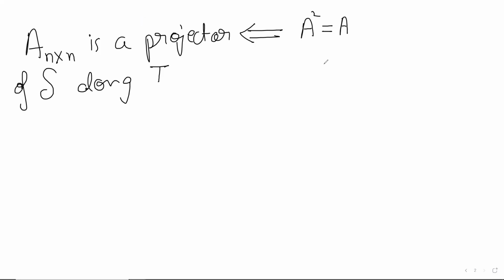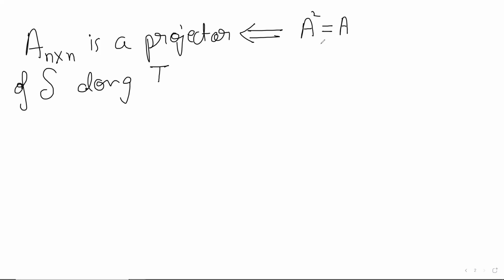I will say maybe the way I understand it. If you are given that A square equals A, and you want to understand S and T, you want to understand what is the collection of vectors along which it projects and what is the collection of vectors that go to 0. That is what we want to know.